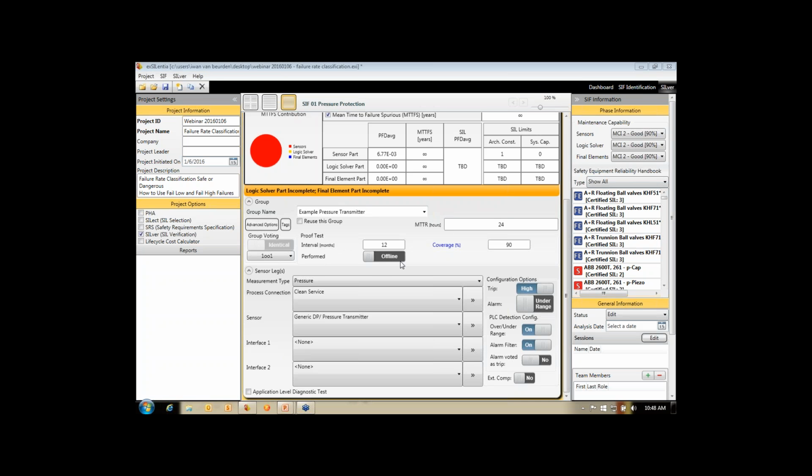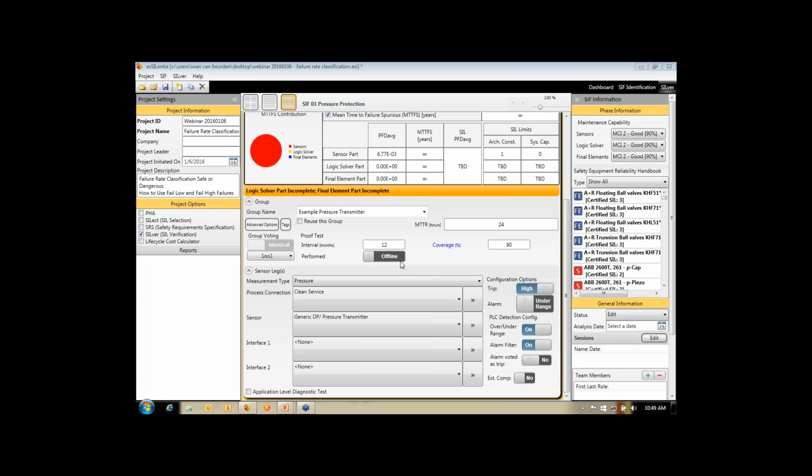How does fail detected work within the 4 to 20 milliamp? Well, fail detected failures are failures that the transmitter detects. So they're detected within the transmitter, and the transmitter drives the output to a predefined output point, 3.6 milliamps, 4.2 milliamps, 21.0 milliamps, for example.